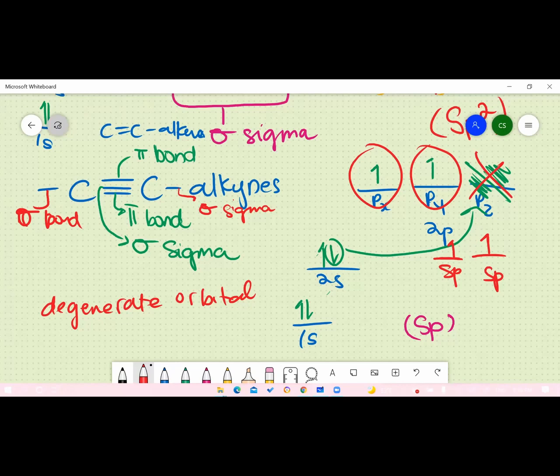So that's how we got the 2 pi bonds over here with a sigma bond, one sigma bond here and another sigma bond amongst the triple bond here, right?